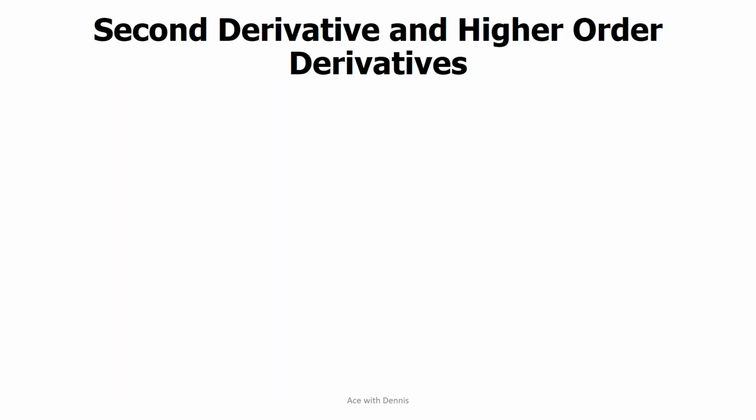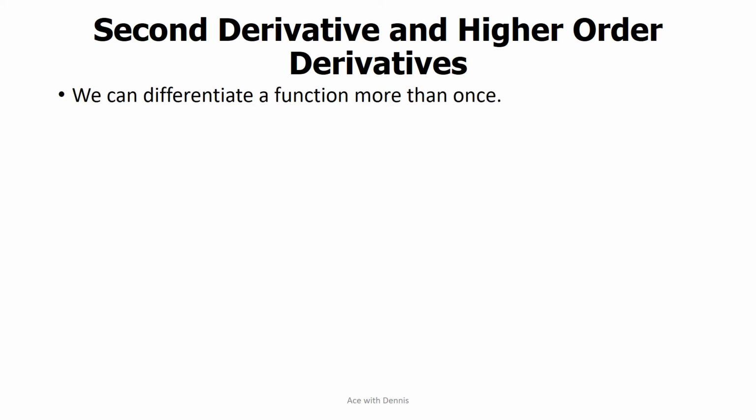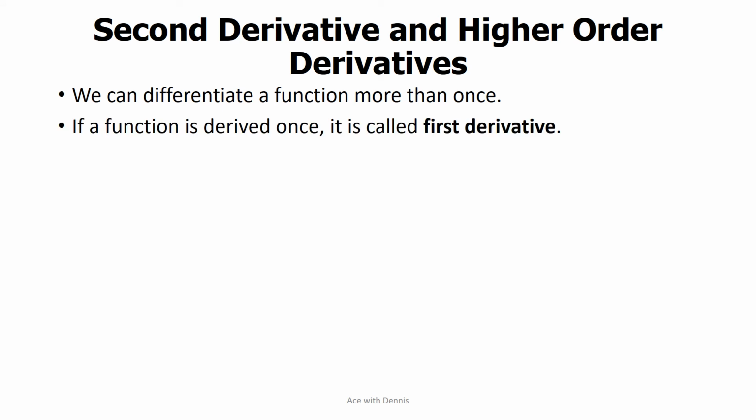Now let's discuss the second derivative and higher order derivatives concept. We can differentiate a function more than once. If a function is derived once, it is called the first derivative. It can be written as dy over dx or f prime x.